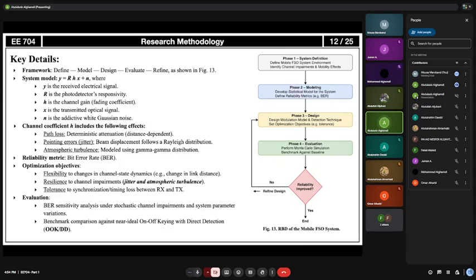For the channel coefficient, we focused on three main effects: the path loss, the pointing error, where jitter is one type of pointing error, and the atmospheric turbulence.